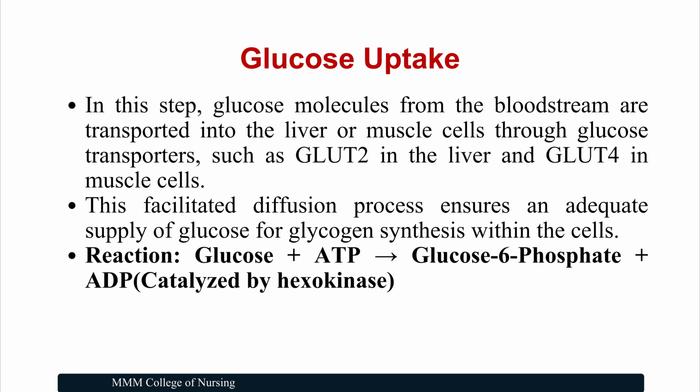So, what is happening here is glucose plus ATP gives us glucose 6-phosphate plus ADP, and the enzyme is hexokinase in the muscle or glucokinase in the liver. This traps glucose inside the cells so it cannot go back out.